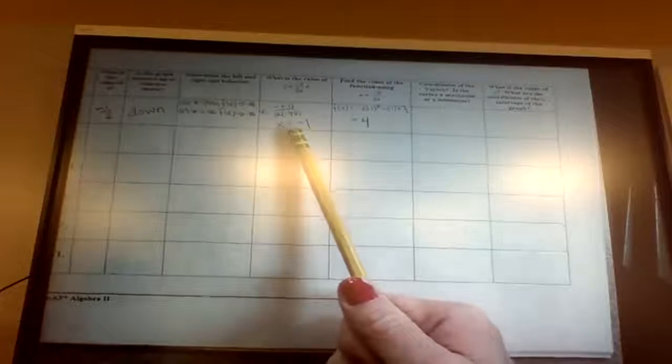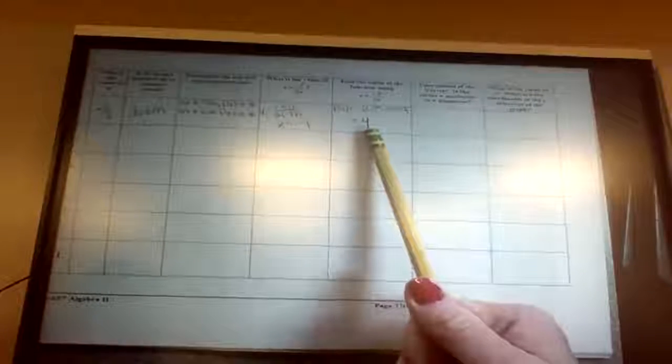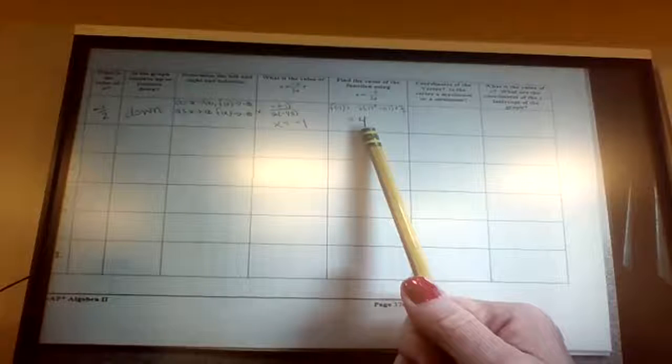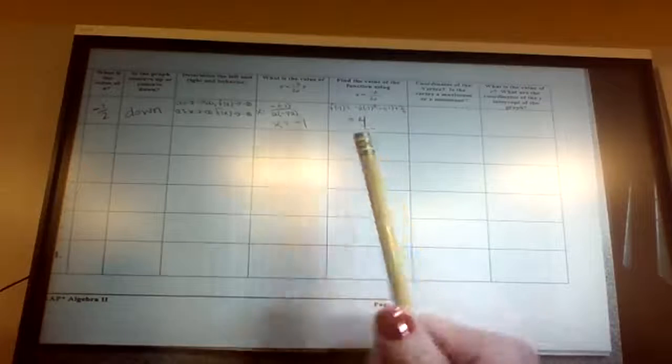Does everybody see how I got this number? And everyone see how I got this number? Yes? No? How did I get this number? I put that in for x, and then I did math.